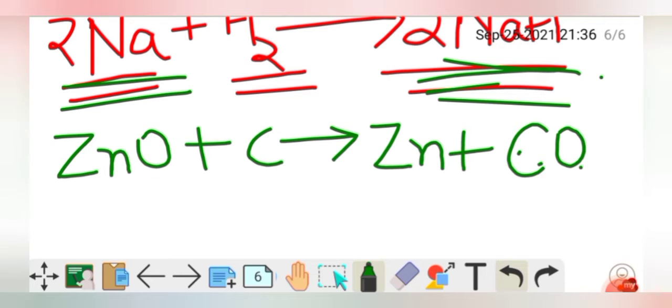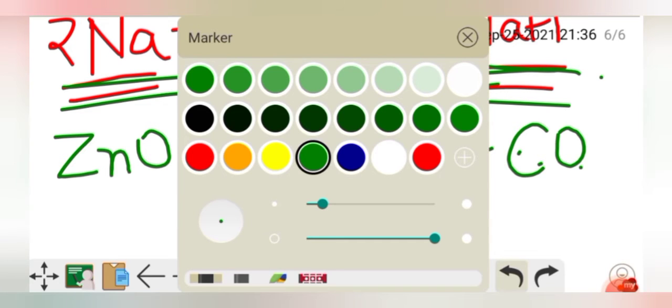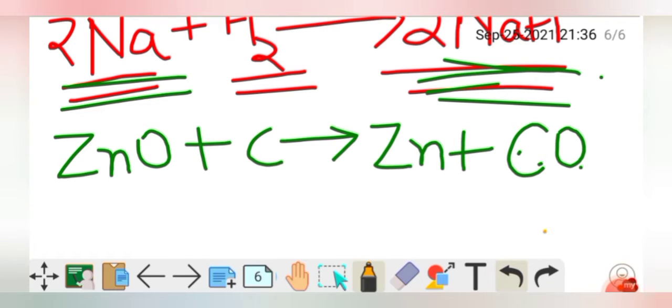So when zinc oxide reacts with carbon, it forms zinc plus carbon monoxide. They have explained it through such an easy example. Here we will see how the reduction reaction applies.